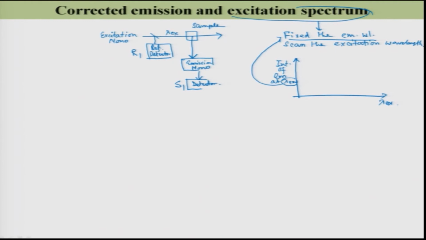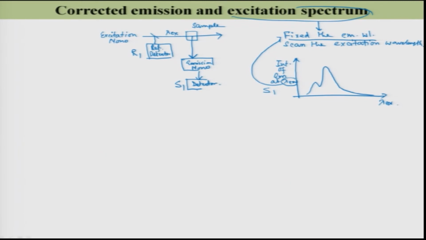So, in this case what are you going to see? You are going to see some spectra like that way, and I said that this spectra is the same as the absorption spectra of the molecule. Okay. So, either you can plot S1 here. If you plot S1, what will happen? Let us see.